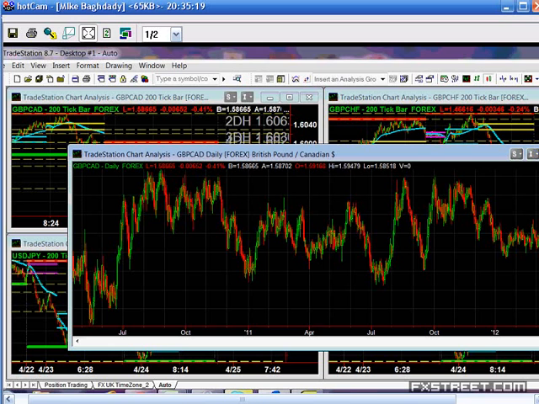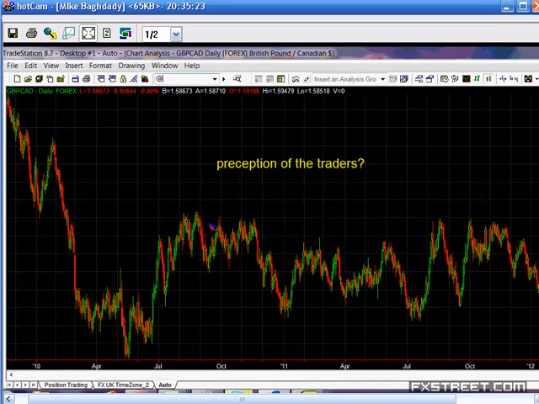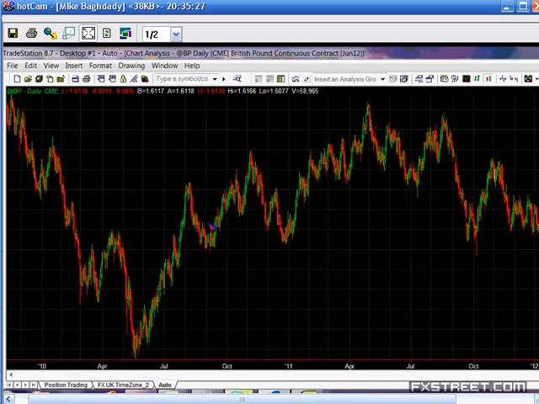If, for example, we are using an index, so let's say I'm using the British Pound Index, and there are indices which I shared with you before. This is the index for the British Pound. So this is a basket of the British Pound by itself, and this is how it moves.